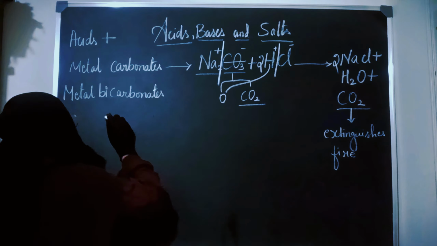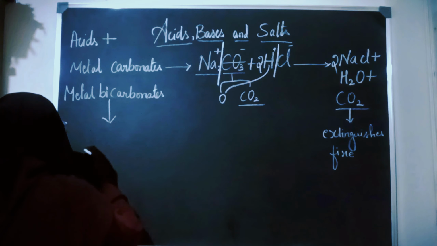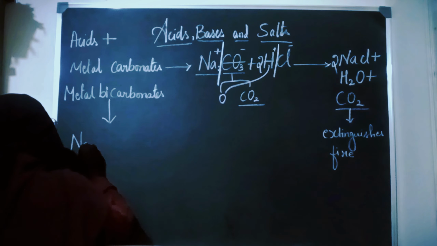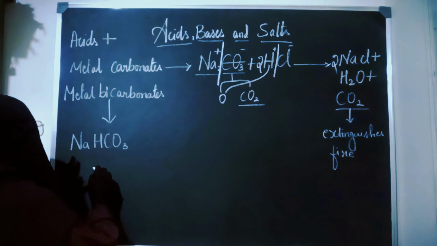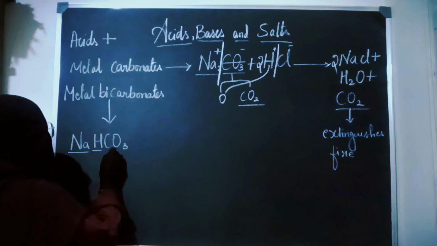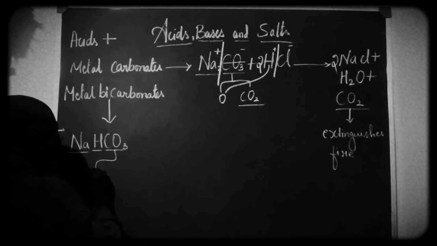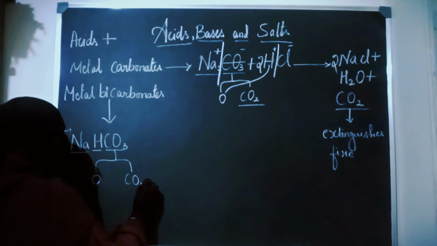The same reaction will take place if I take a metal hydrogen carbonate or a metal bicarbonate. For example, NaHCO3: here again this is a metal, this is hydrogen and this is carbonate. Again I can break this molecule as O and CO2.